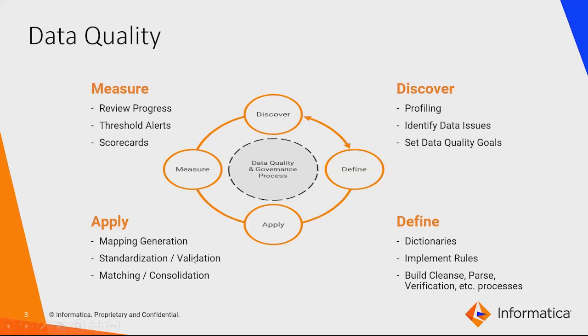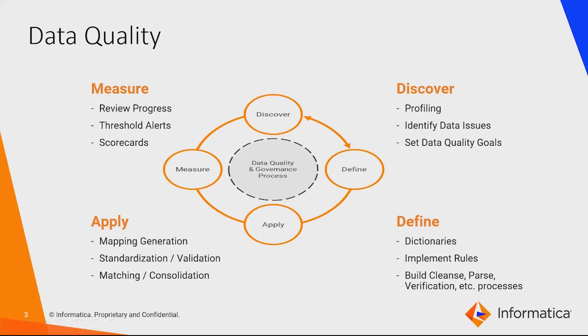And that's where our data integration mapping comes in handy, where you can simply by dragging and dropping integrate the data quality rules, right? So once you have applied the data quality in the data ingestion pipeline, then you would want to measure those progress, right?